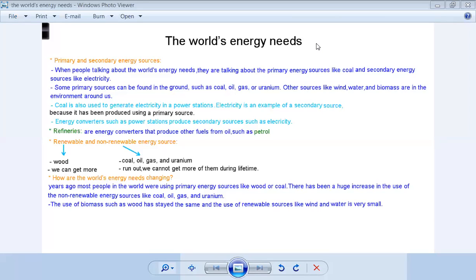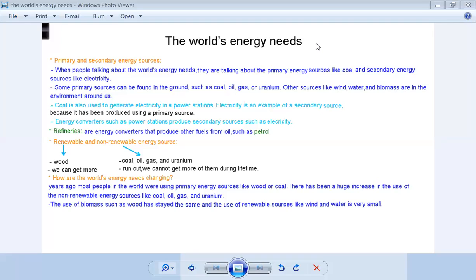Okay, guys, can you remind me what biomass is here? It's the material that the tree or plant, or living thing, uses to build itself. So the biomass here means the wood, the wood from the trees, okay?